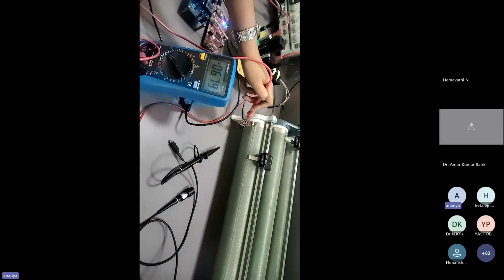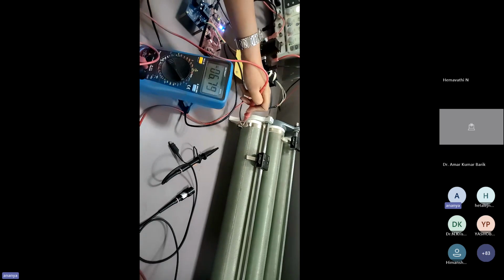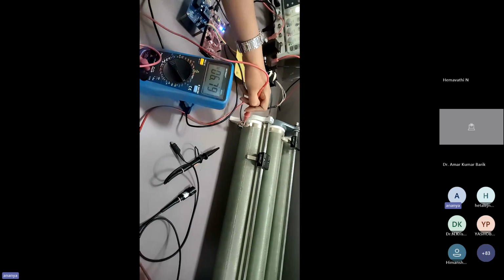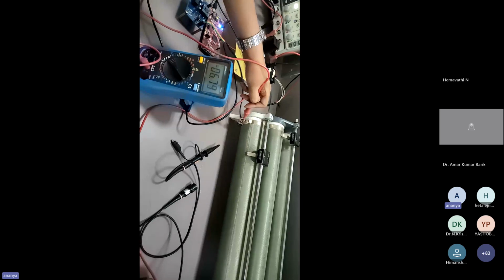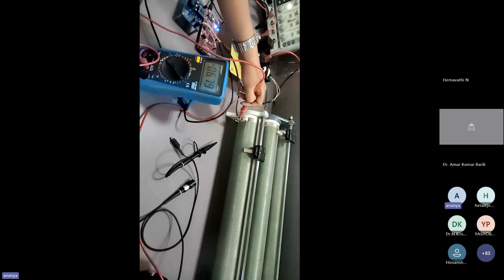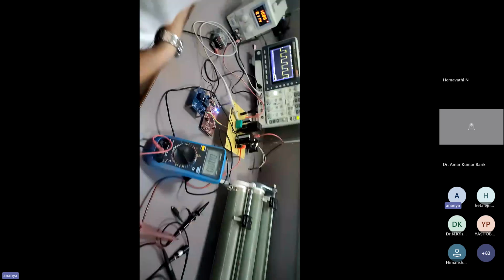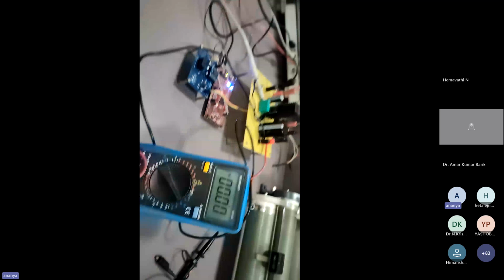The buck converter gain is Vo by Vi equal to D. So for 60%, we'll get 6 volt. Around 6 volt we are getting. So hence we have validated the circuit.